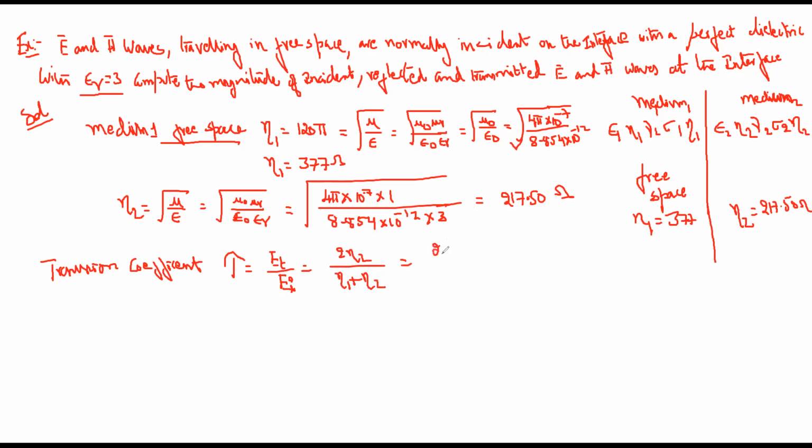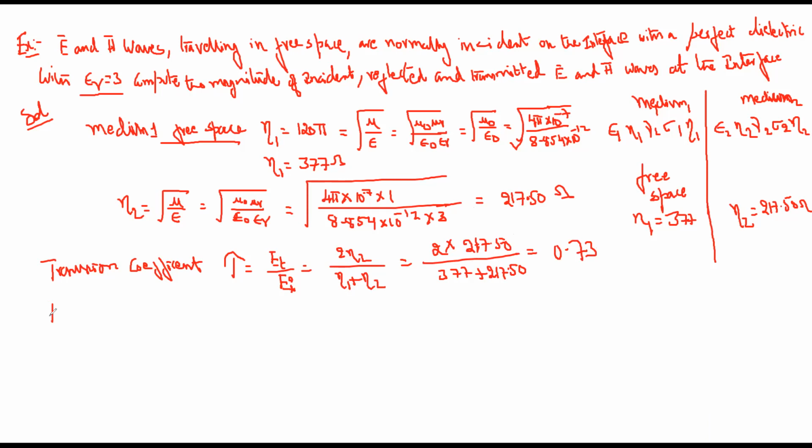You can substitute here 2 into 217.50 whole divided by 377 plus 217.50. Simplify this one, we'll get the transmission coefficient as 0.73.